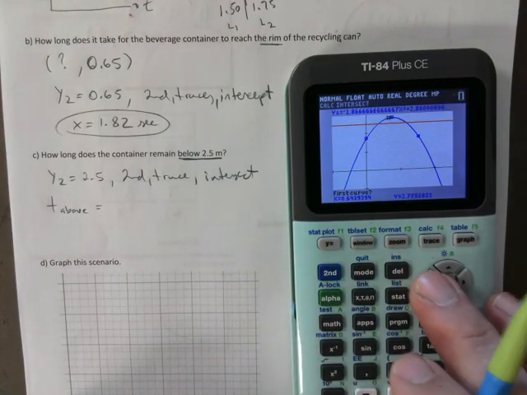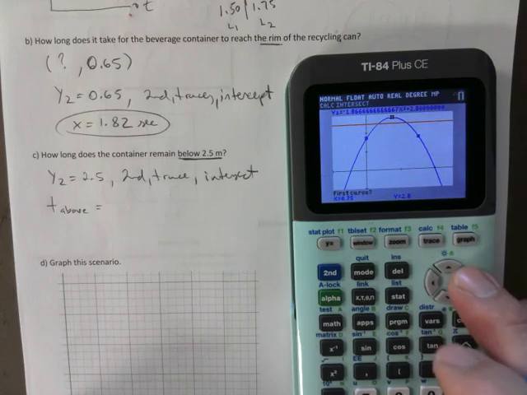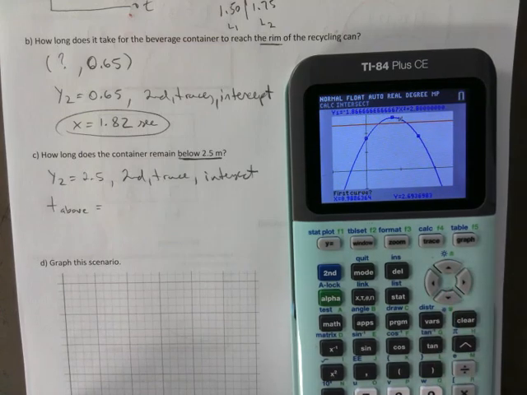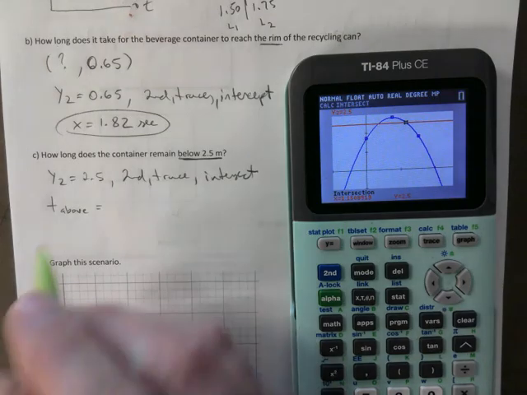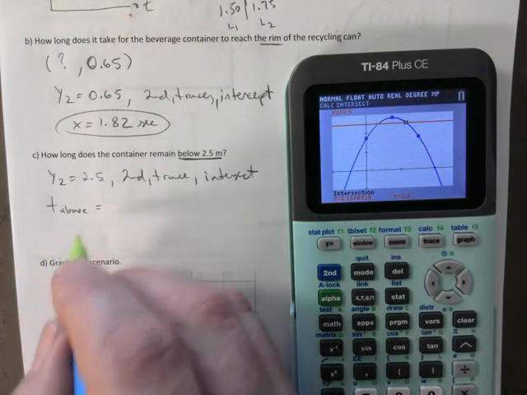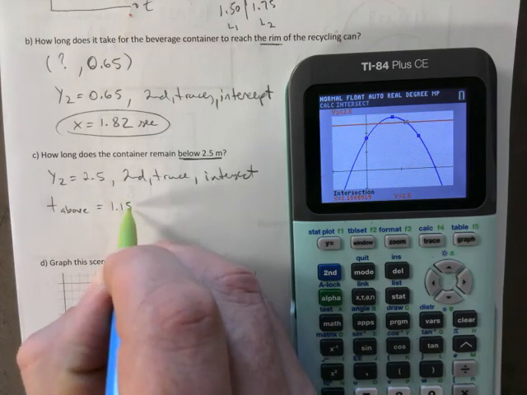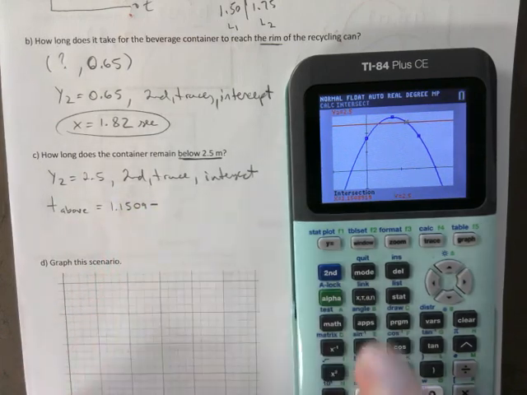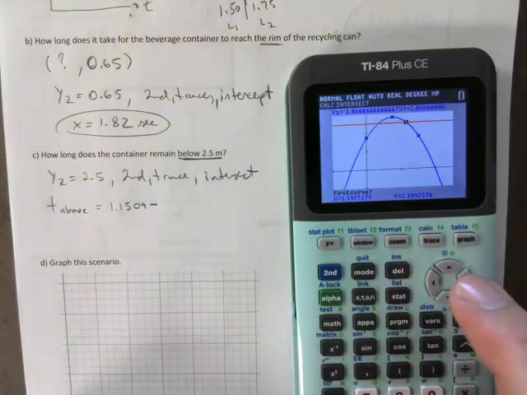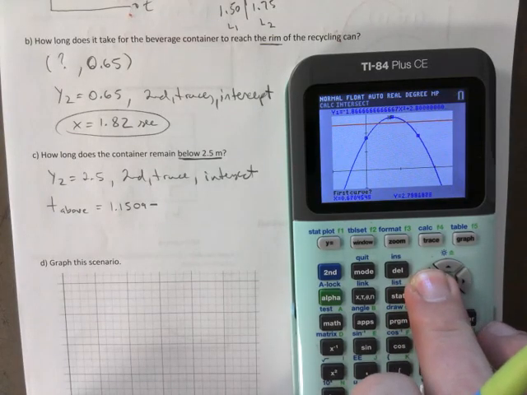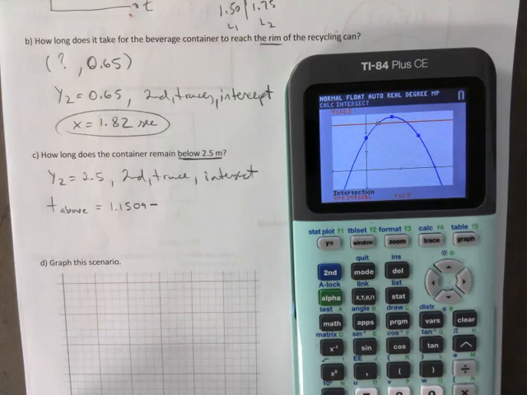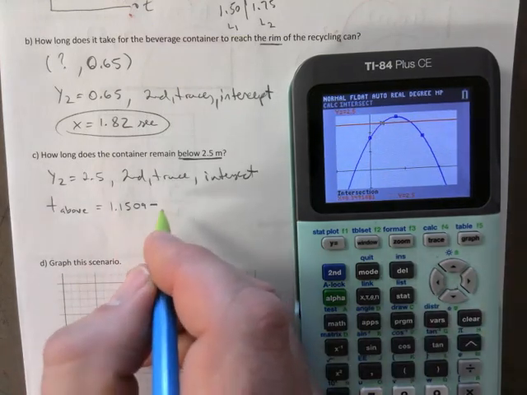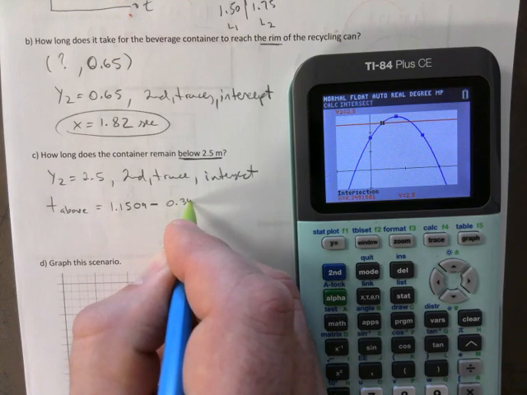Second trace 5. I'll find this one first. That's 1.1509 minus second trace 5. That is 0.3491.